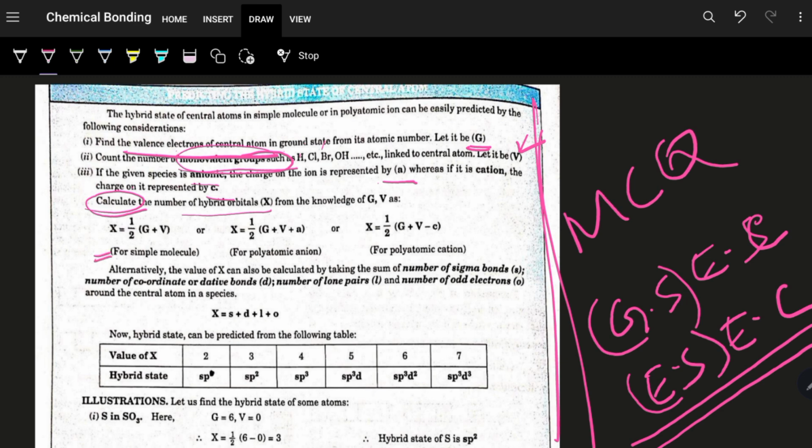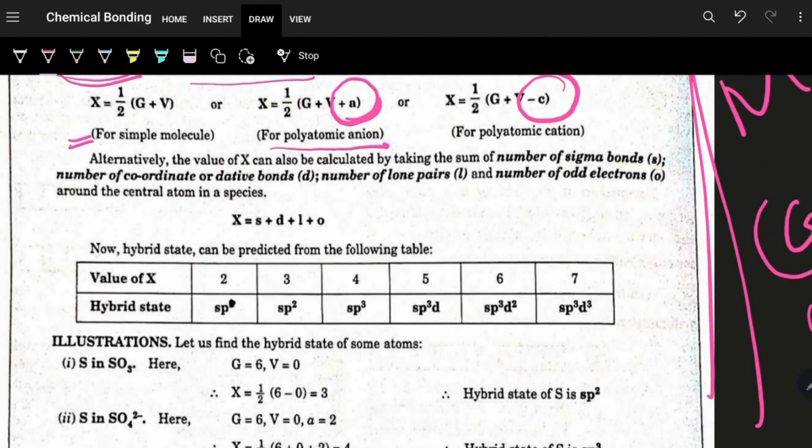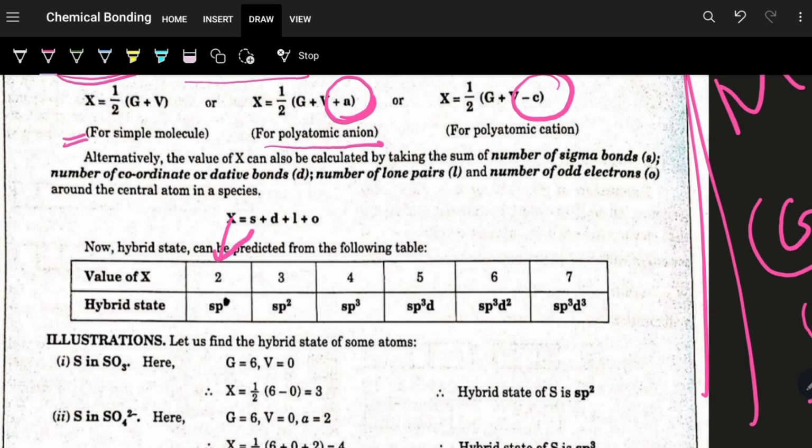For a simple molecule, X is half of G plus V. For a polyatomic anion, half of G plus V, but you need to add the charge over the anion, and for a cation you need to subtract the charge over the cation. Now depending on the value of X, if X is equal to 2, it is sp, X is equal to 3, it is sp2, 4 sp3, 5 sp3d, 6 sp3d2 and 7 sp3d3.